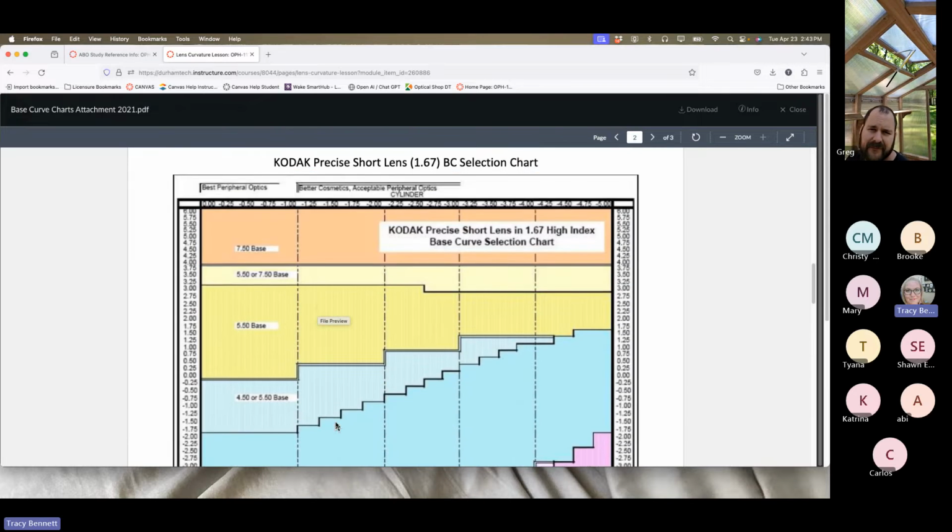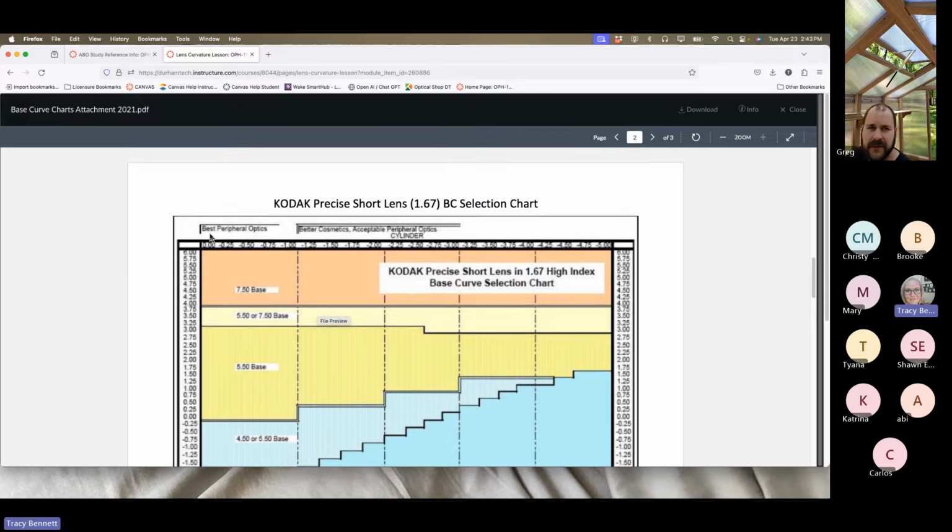If you look up at the top, it tells you what it is. And I'm going to tell you how to interpret that as well. So if it's a single line, it says right here, best peripheral optics. So you can shorten that to basically just best optics. And the other one has the double line here, and this one's for better cosmetics.